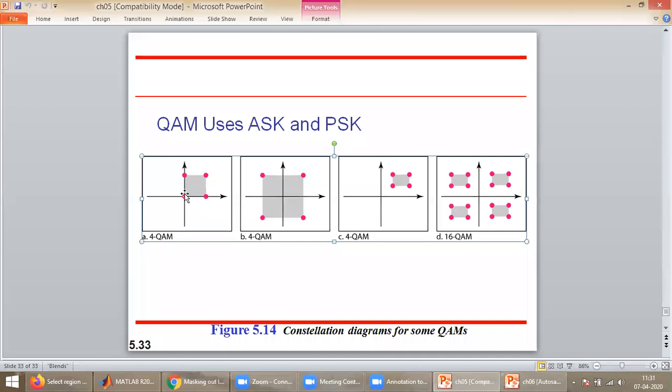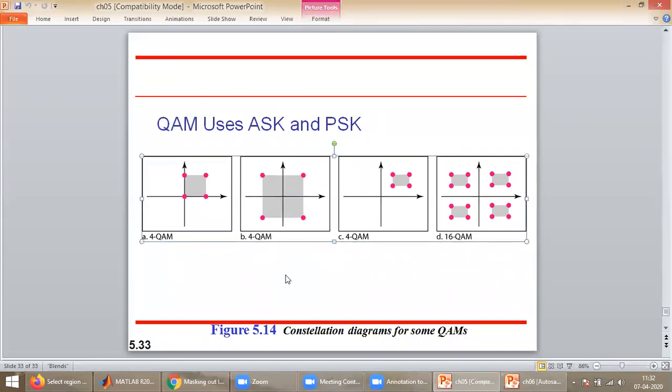Here the phase value is approximately 45 degrees with amplitude 10 volts. Here the phase value is 90 degrees with amplitude 10 volts. Like that you use amplitude and phase values in the QAM method.